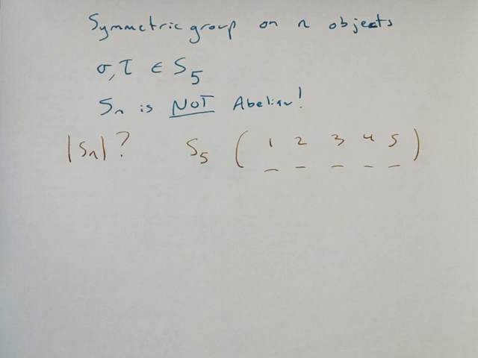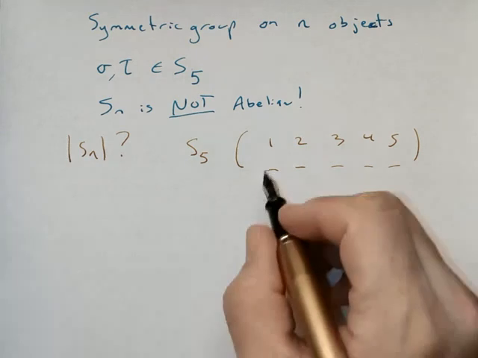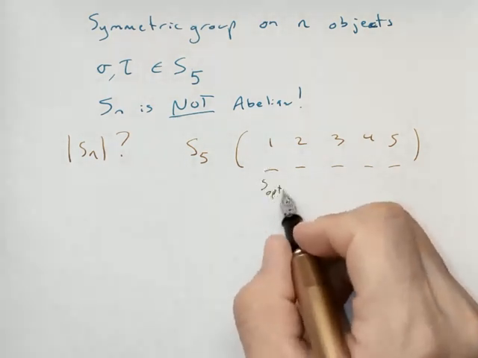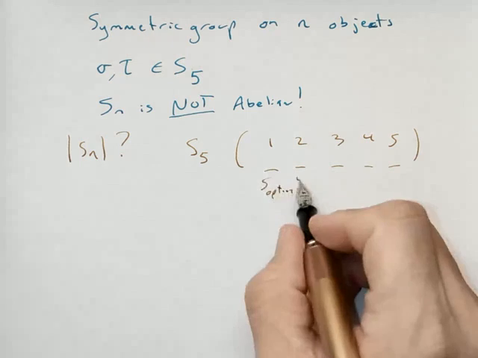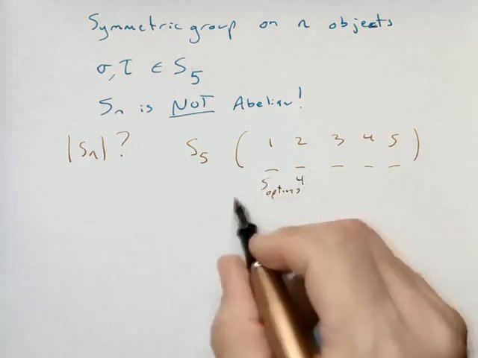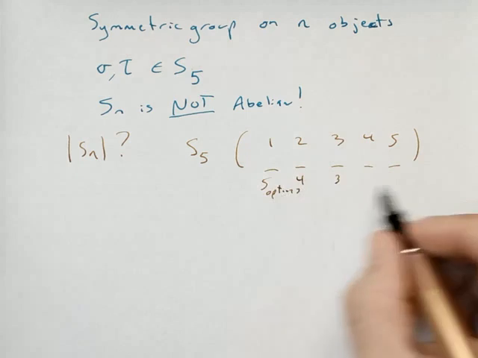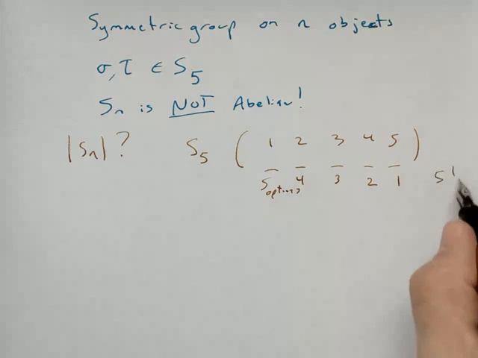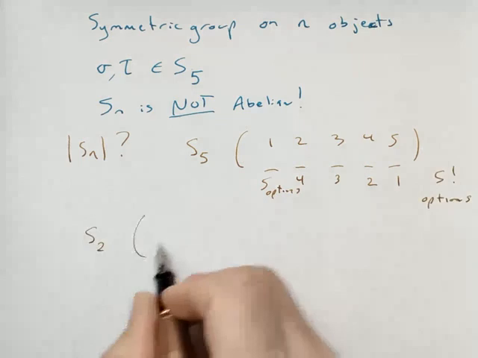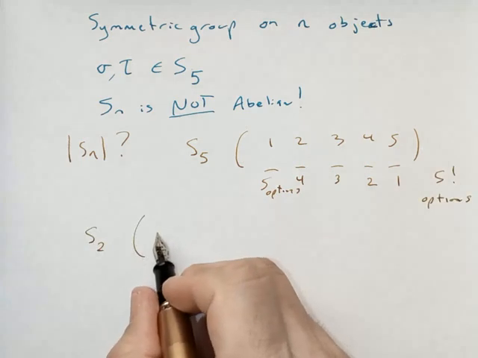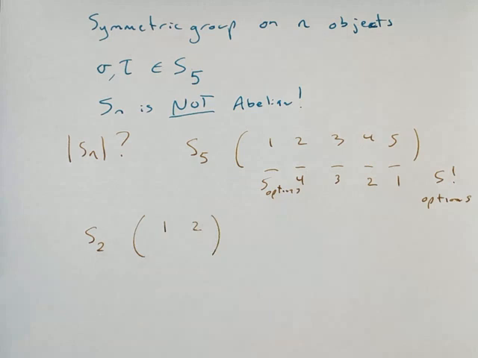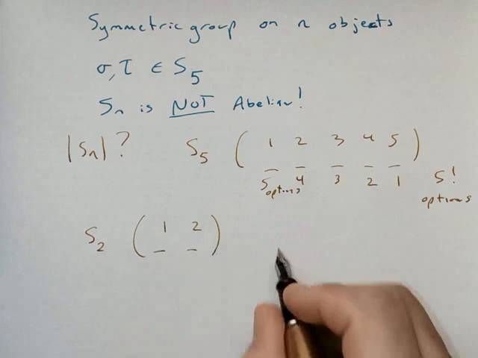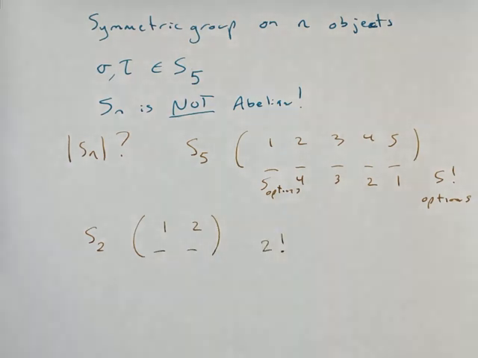Because I could have 5 choices here, and then I can't use that one again, so there are only 4 options there. I can't use either of those, so there's only 3 options here. I can't use any of those. Aha. And if we were looking at S2, I used 0 and 1, but now I would want to use 1 and 2. Then there would only be 2 options here and 1 option there, 2 factorial options.